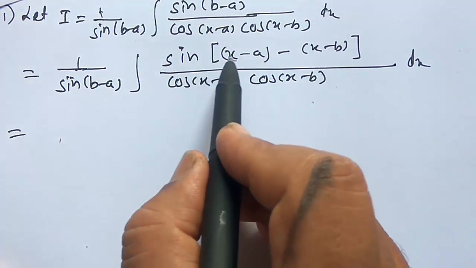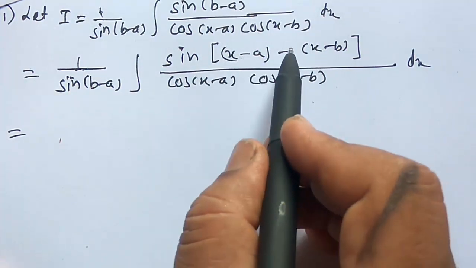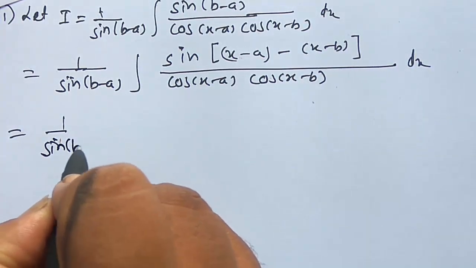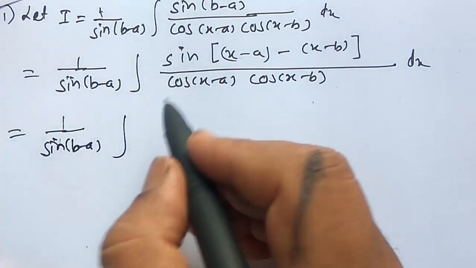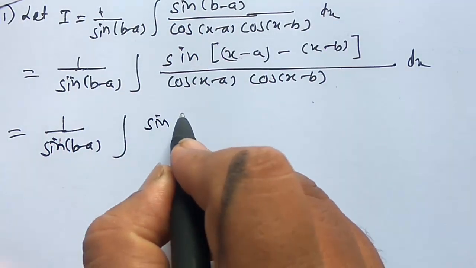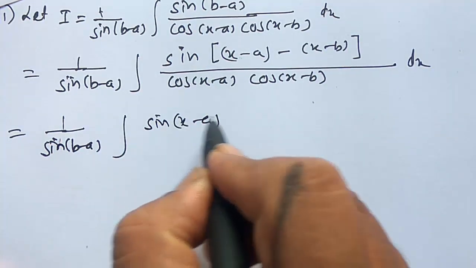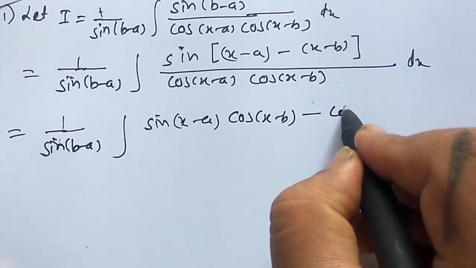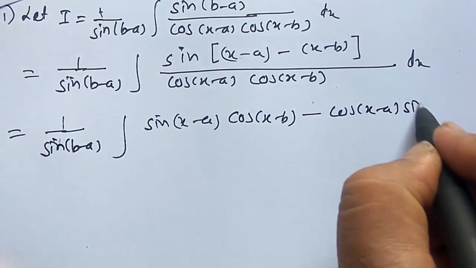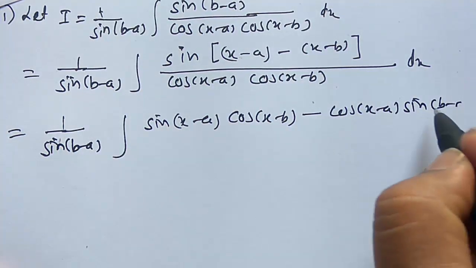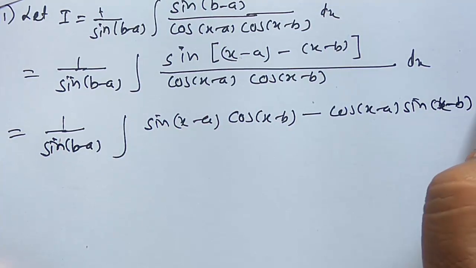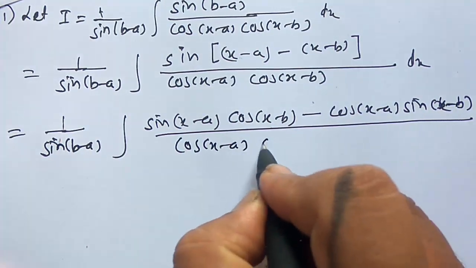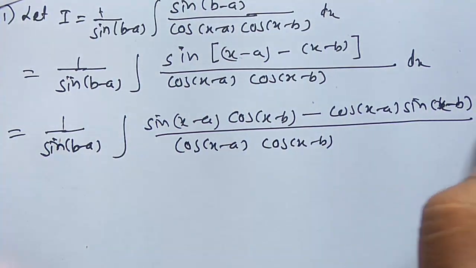Now, by using sin (a minus b) equals sin a cos b minus cos a sin b, we get 1 upon sin of (b minus a) integration of sin of (x minus a) into cos of (x minus b) minus cos of (x minus a) into sin of (x minus b), divided by cos of (x minus a) into cos of (x minus b) dx.